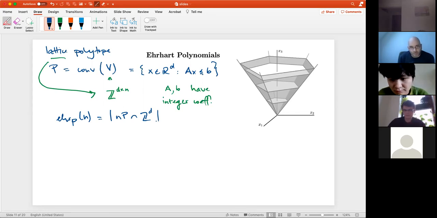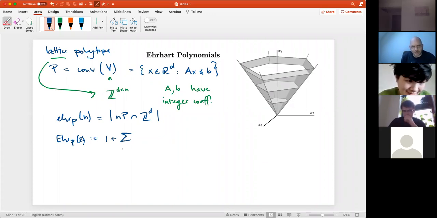And as many times in combinatorics, it's convenient to encode this in a generating function. For reasons that I will tell you about in a moment, I'm going to declare this generating function to have constant term 1, and then I take these counting numbers and stick them into a generating function in a single variable z.